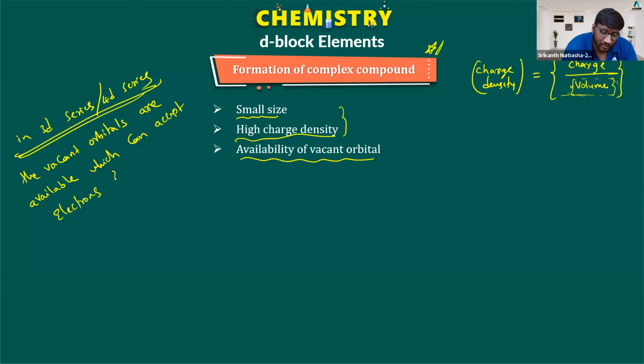You know ligands? What are ligands? Ligands are electron donating species. We will discuss what ligands are in detail in complex compounds. As of now, you can just note down. Only if a vacant orbital is present can they get electrons. If there is no vacant orbital, electrons cannot be occupied.